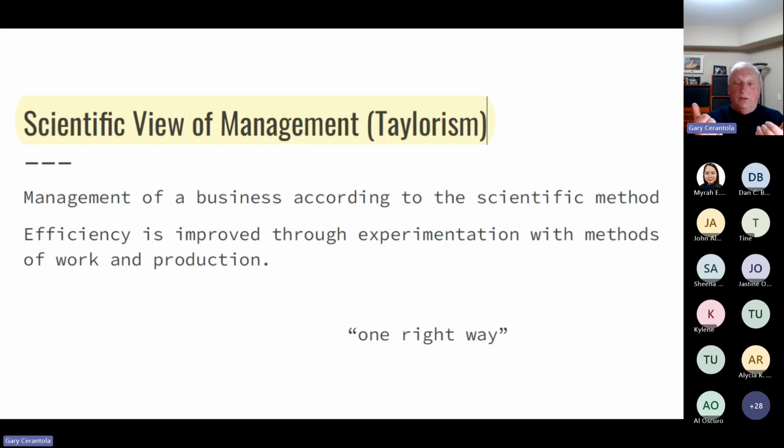I'll tell you a little bit about, so when I was in college, I worked underground in Northern Ontario in a mine. And part of Taylorism was there was this time and motion study people. And what they would do is they would come down and they'd measure the production outcomes of drilling and blasting over one shift.